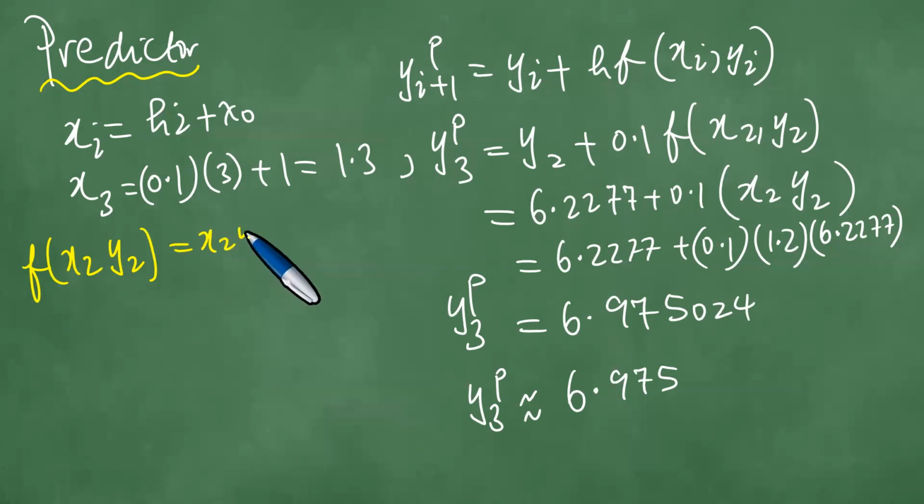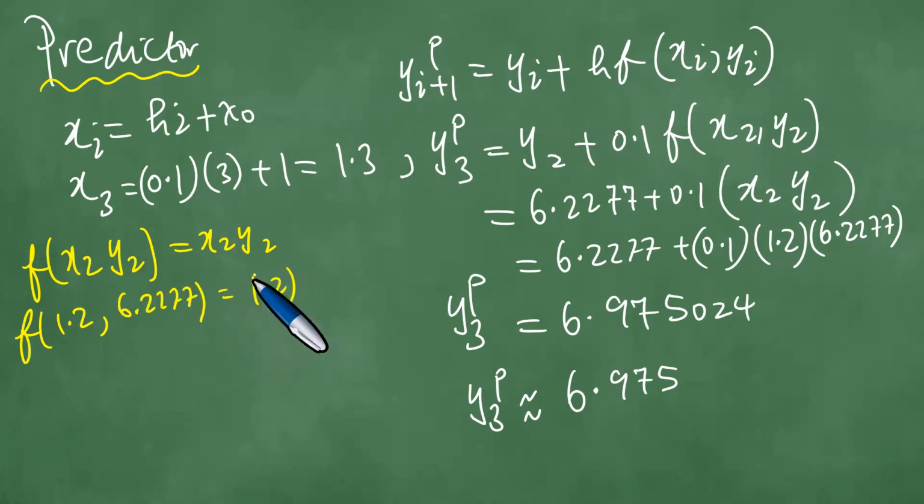According to the formula it is f of x2, y2, and the table is going to summarize everything. Let me just write it properly. Substitute into the arguments of the function. So that is going to be, for instance, 1.2 for x, and the y is 6.2277, and then you get the answer.